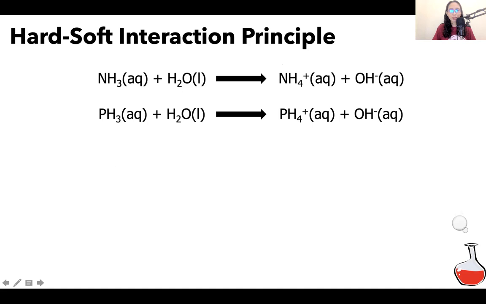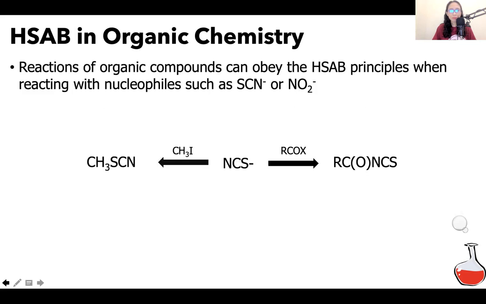Another example for your organic reaction. The second example is the reaction of nitrite ion with methyl iodide and tert-butyl chloride.